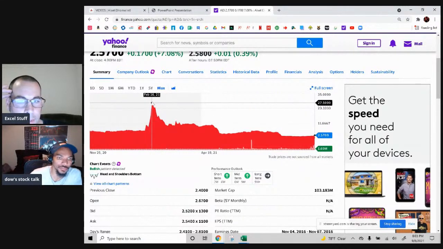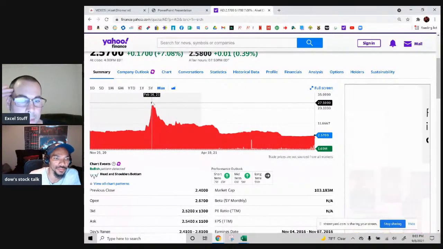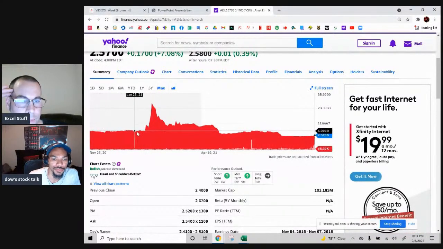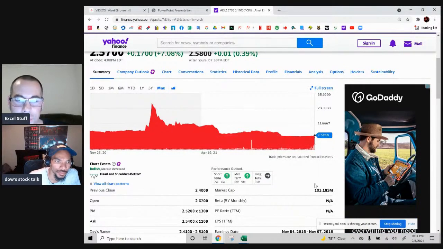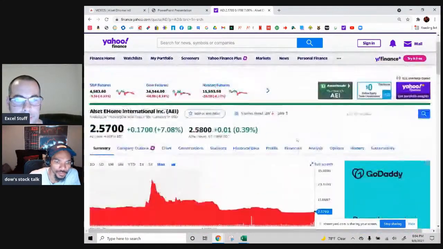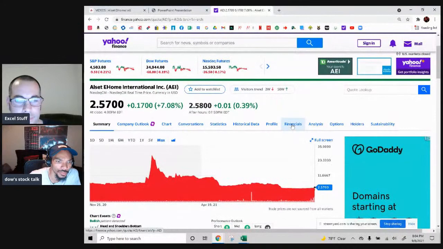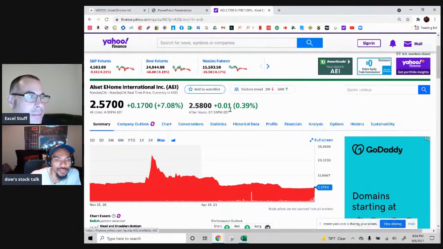Then it got up to $27.50, pretty much after 2-3 months. And now it's down to under $3. And it's only a 100 million market cap. It's a really small company. I don't know. It seems a little too risky for me.